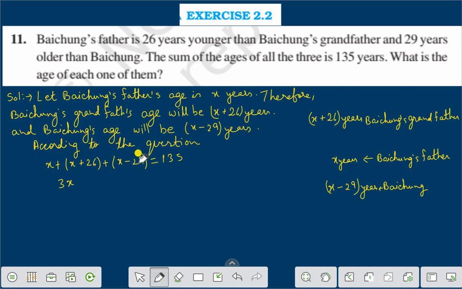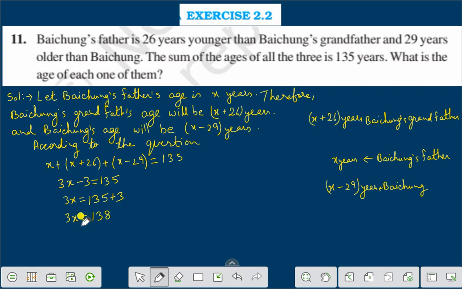plus 26 minus 29, that is minus 3, is equal to 135. On transposing 3 to the right hand side, we get 3X is equal to 135 plus 3, that is 138.